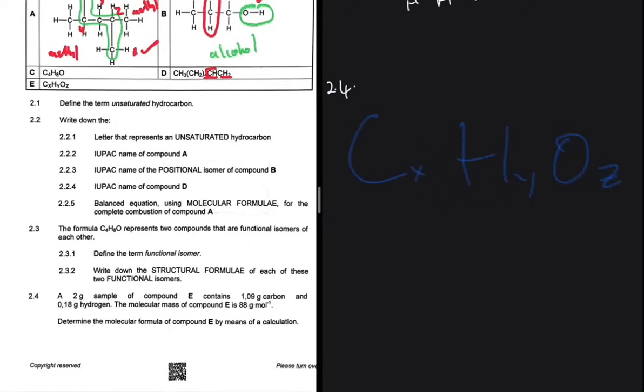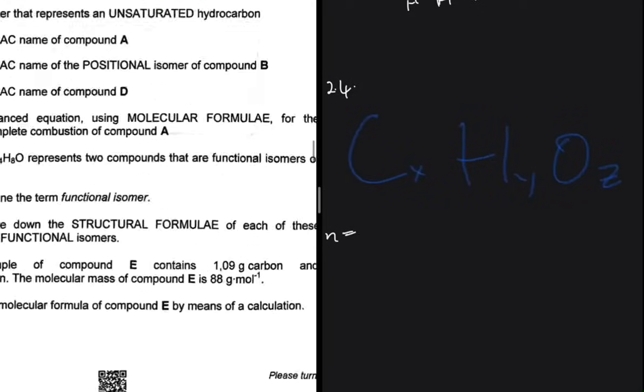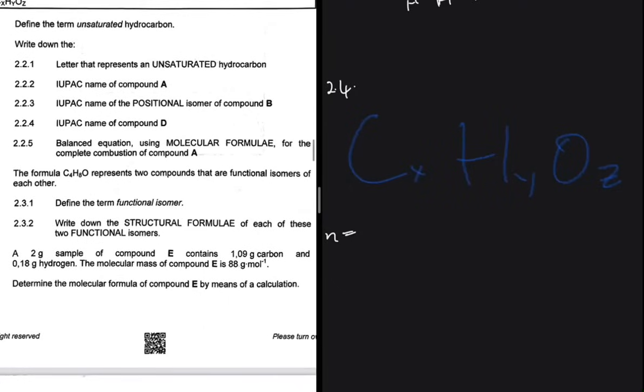So the number of moles of carbon will be equal to the mass of carbon, which is given to us as 1.09, divided by the molar mass of carbon, which is 12. And then for the hydrogen, we have a mass of 0.18, the molar mass 1.